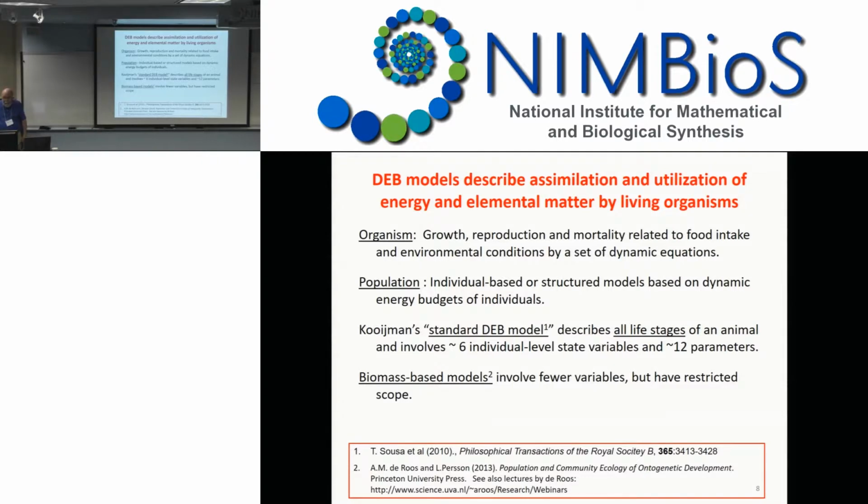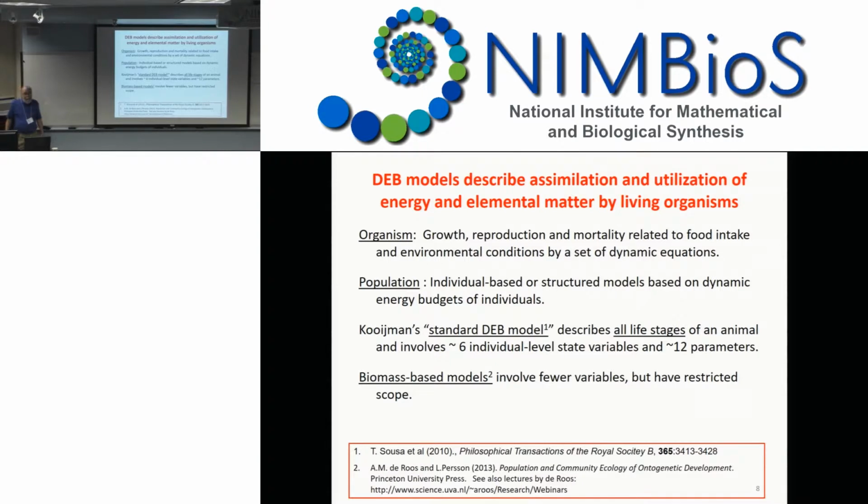So what are DEB models? They describe the assimilation and growth of energy and elemental matter by living organisms, and in the context of stoichiometry, the elemental matter here matters. At the core of dynamic energy budget theory is a model in which an organism's growth, reproduction, or mortality are related to food intake and environmental conditions by a set of dynamic equations.